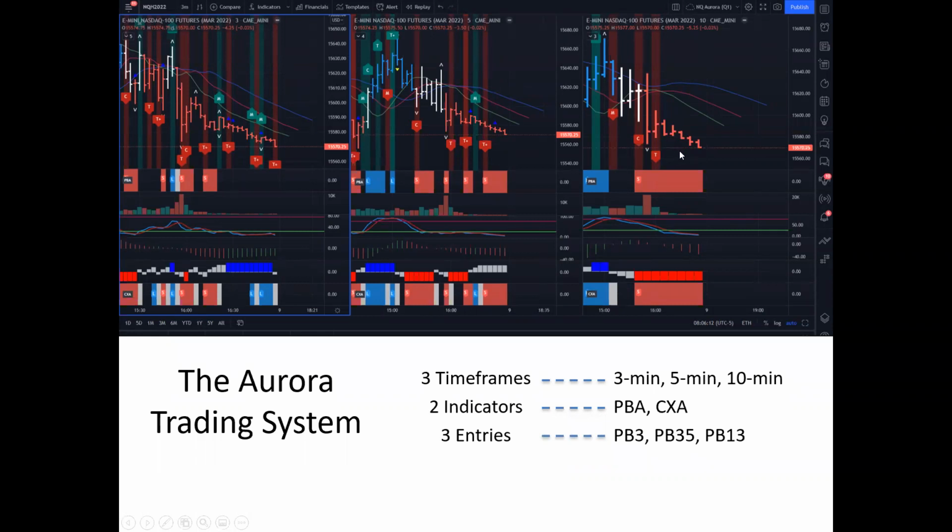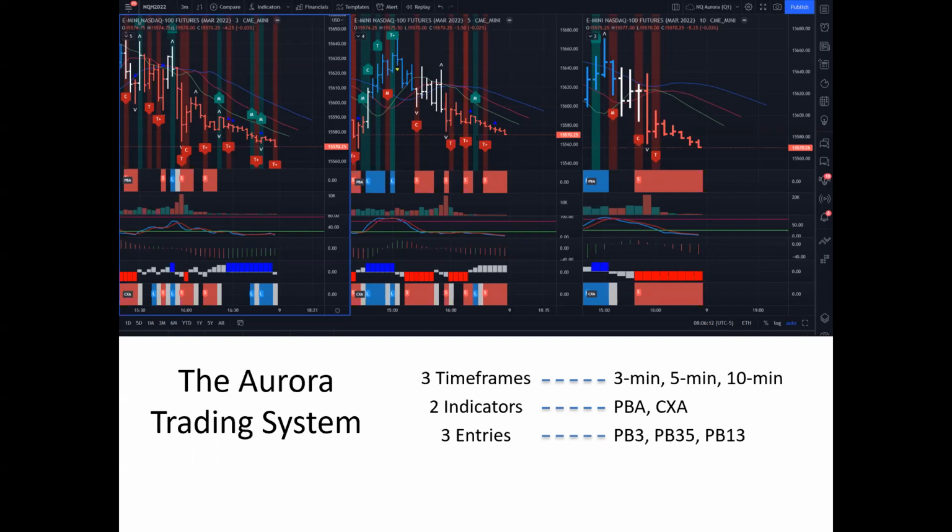We are using those 3, 5, and 10-minute charts in combination with each other for alignment and also confirmation that there are no conflicts. Depending on the particular entry method, we're either using a combination of a 3-minute and 5-minute, or a combination of a 3-minute and 10-minute.